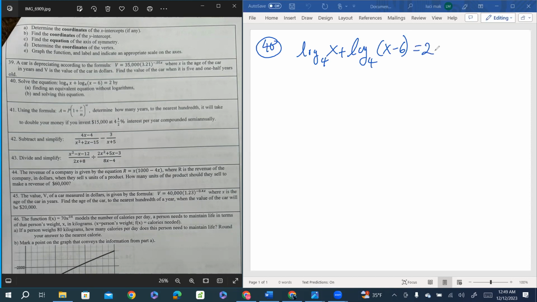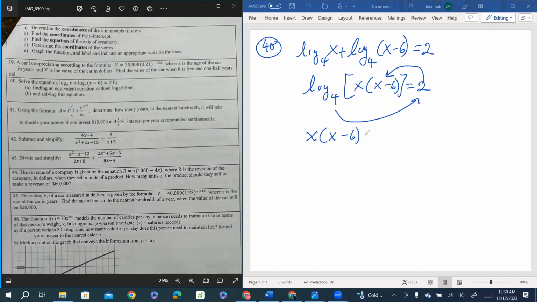We know the sum of two logs is the log of the product, so it's x times x minus 6 equals 2. Now we can write this in exponential form, so 4 to the power of 2 equals this expression. So it's x times x minus 6 equals 4 to the second power. We know 4 to the second power is 16.